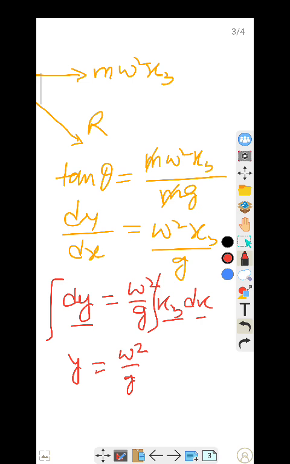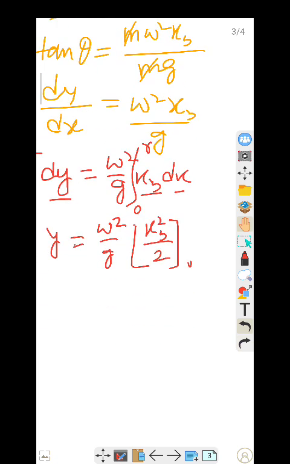What will be the limits? We can integrate from 0 to r, any value. The integral of x3 dx gives x3 square divided by 2, with limits 0 to r.